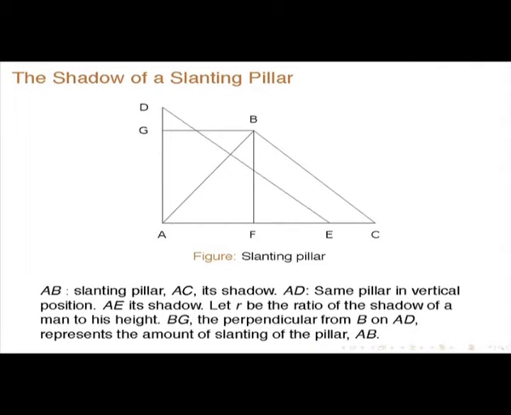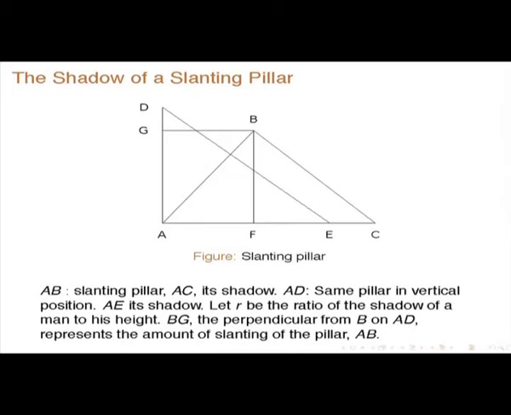One of the last problems which he discusses on shadows is a slanting pillar. Here AB is a slanting pillar and AC is its shadow. Suppose AD is the same pillar in vertical position.